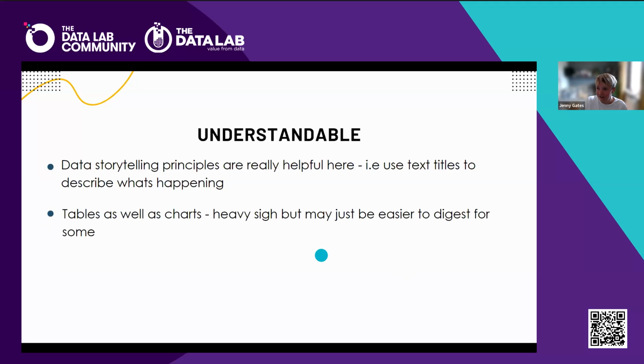Tables as well as charts, put a heavy sigh in here. Certainly when I started out in visualization, tables were the devil's work. Everything was supposed to be a pretty picture, and we all know about the general hatred of, can I download it to Excel? Depending on the context, if you have an aggregated summary of a large data set, so you might have a bar chart at the top, it might be beneficial to have a numeric summary of those numbers as well if the context makes sense, because it's going to be easier to digest for some people.